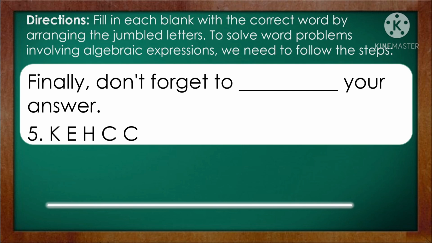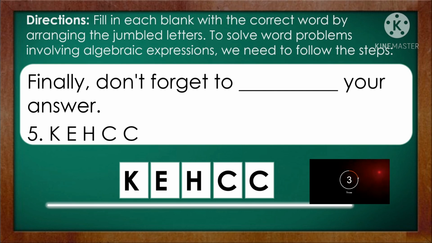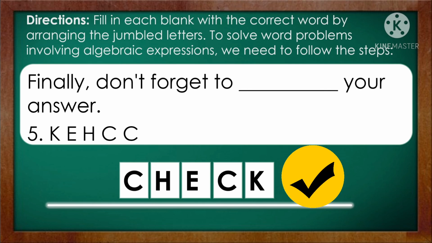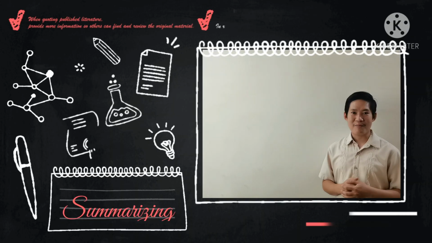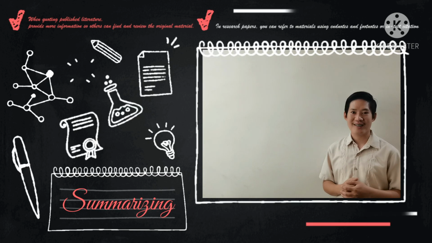Can you guess the word? Your timer starts now. Okay, excellent. The word is check. Finally, don't forget to check your answer. Again, here are the steps in solving word problems involving algebraic expressions.